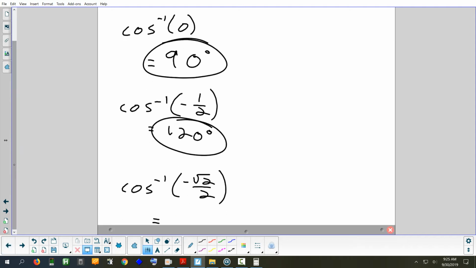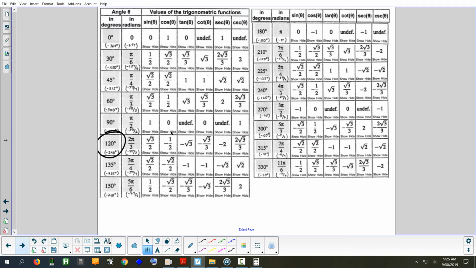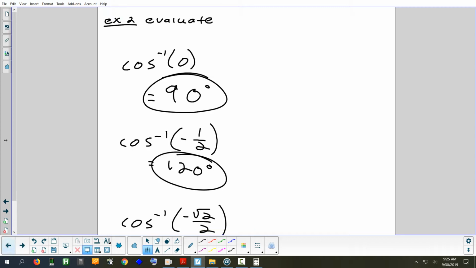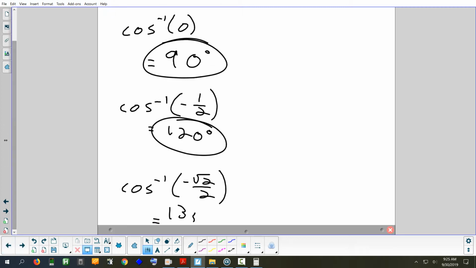And Sebastian, how about inverse cosine of negative square root of 2 over 2? 135. Let's check. So negative square root of 2 over 2, yep, it's in the cosine column. And 135 is between 0 and 180. Perfect. So any questions on how to use this table to look up answers for inverse cosine?